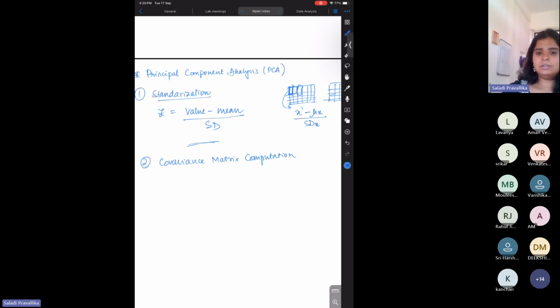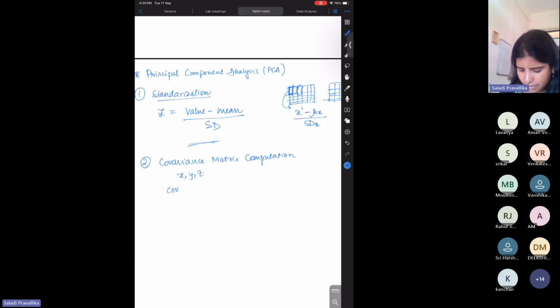In order to find this relation, we usually have this covariance matrix. So we compute it. Let us say I'm having three variables x, y, and z.